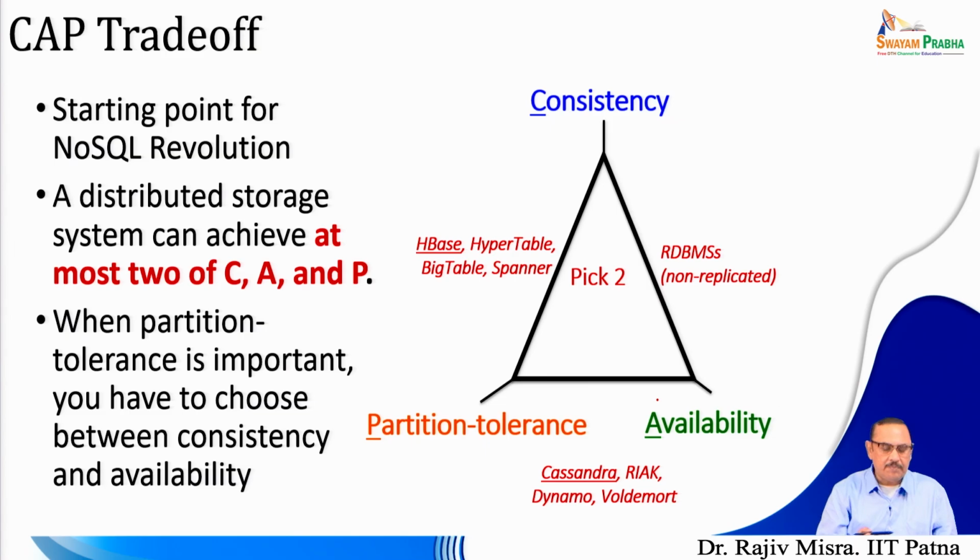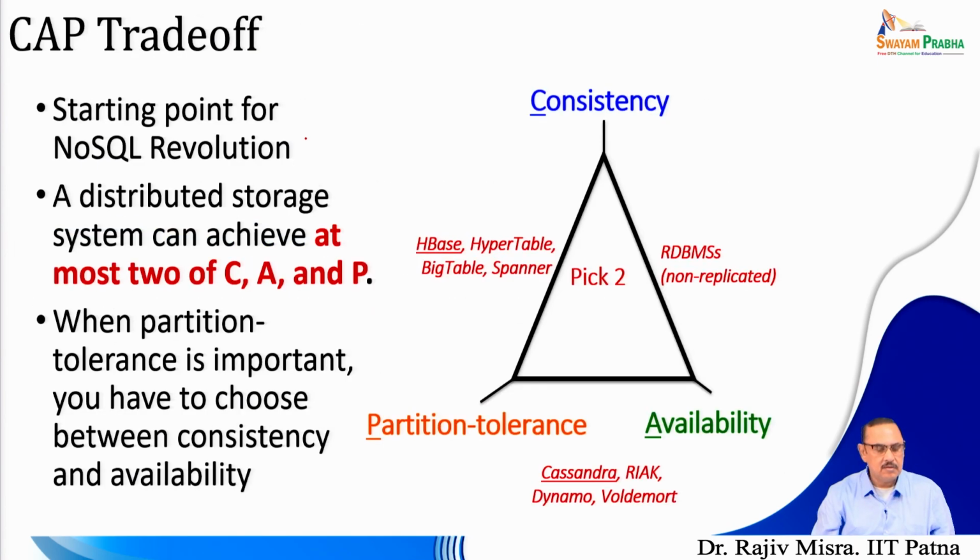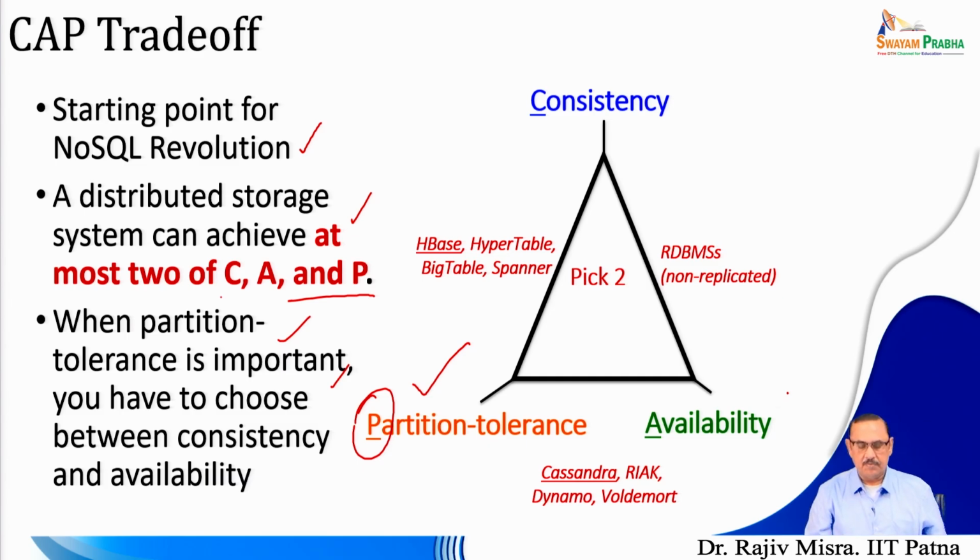So, let us see the CAP trade off. This is the starting point for the NoSQL revolution: a distributed storage can achieve at most 2 out of 3. If partition tolerance is important, you have to choose between consistency and availability. So, you have to pick 2 out of 3.